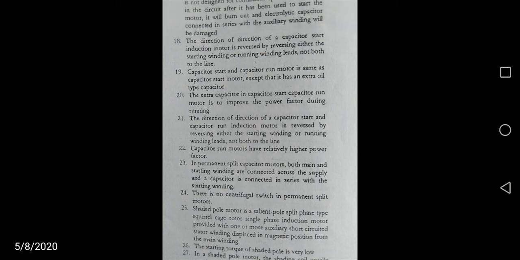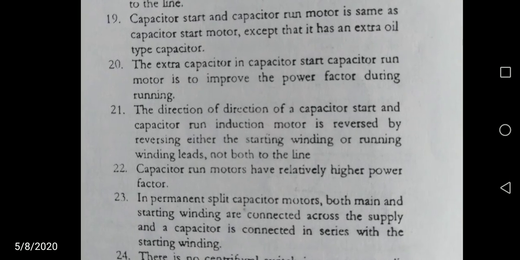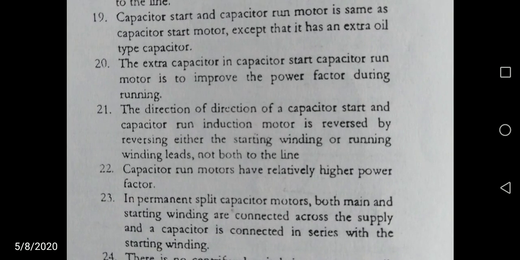See the 19th point. A capacitor start and capacitor run motor is the same as a capacitor start motor, except that it has an external oil type capacitor. In a capacitor start motor only an electrolytic capacitor is there, but in a capacitor run motor the electrolytic and oil type capacitors are both there.